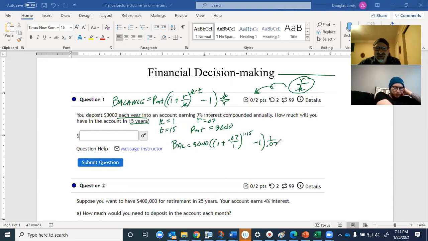And it's nice when it's once a year because, I mean, what's 1 plus 0.07 over 1? That's just 1.07. 1 times 15 is just 15. So on a problem like this, you could do this part all in your head, right? Anyway, I will show you then, if you were to do that on the calculator.